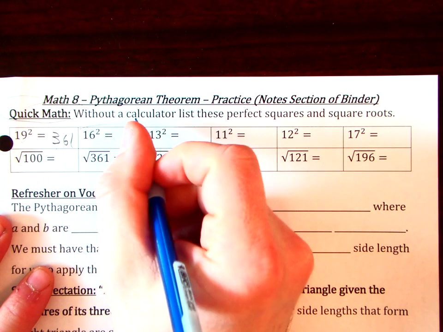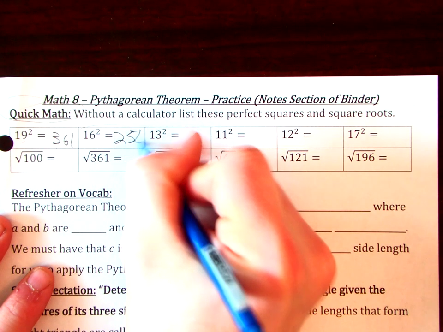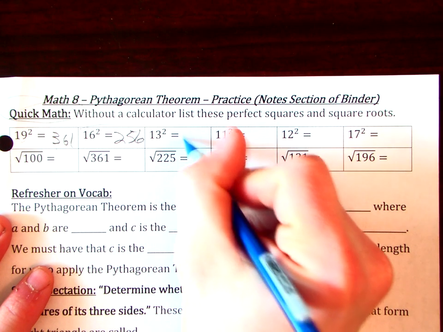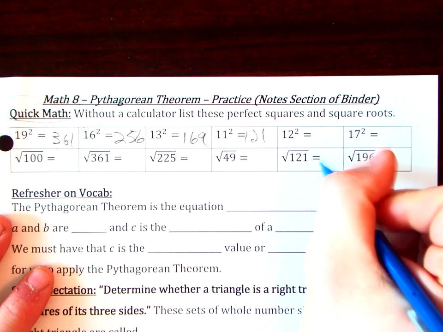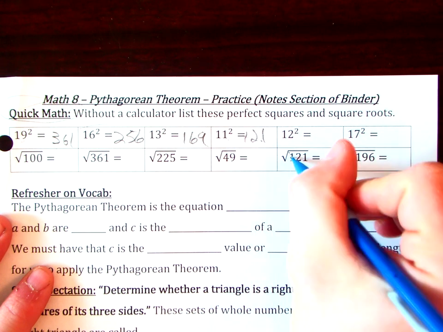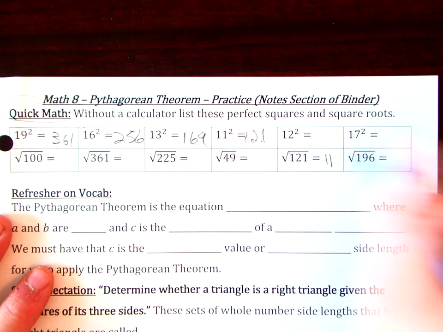You get 256, 169, 11 times 11 is 121. And using that same skill, the square root of 121 is 11.